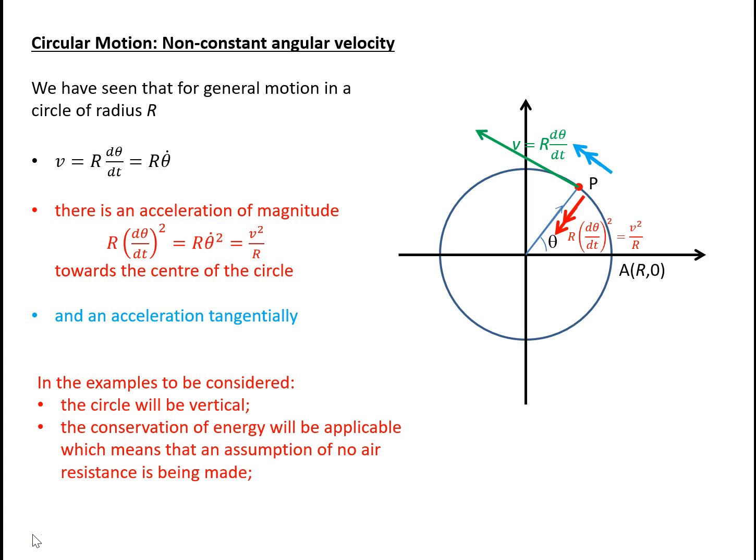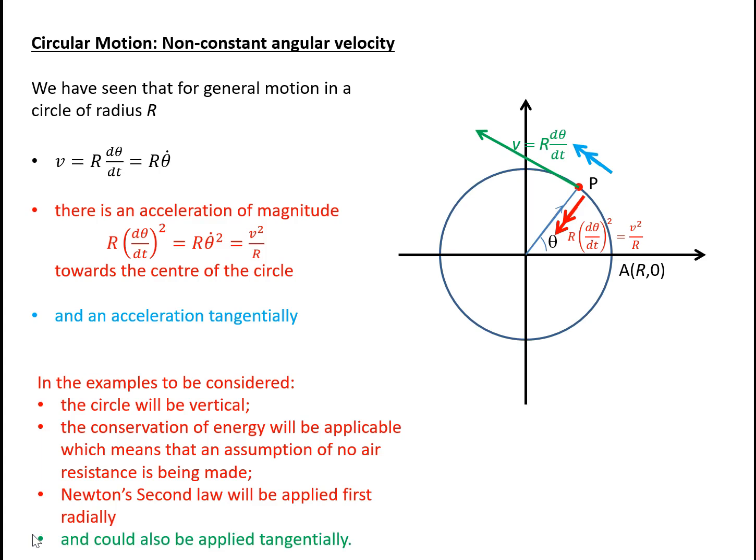Having applied the conservation of energy, we will then apply Newton's second law towards the centre of the circle, and if necessary we'll apply Newton's second law tangentially, although in WJEC examples this is highly unlikely to be necessary.